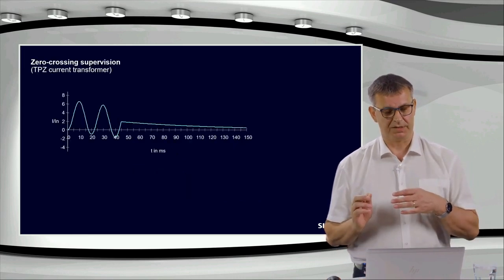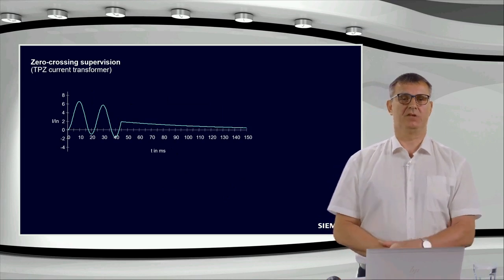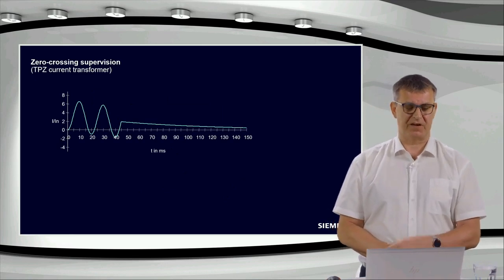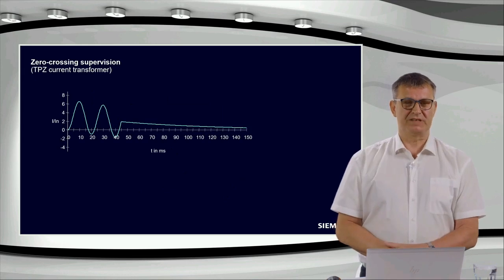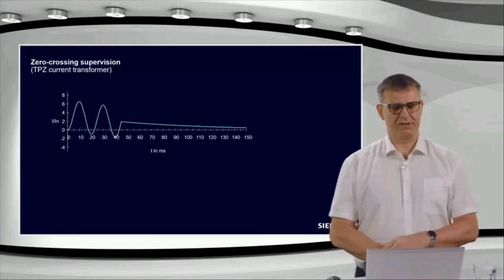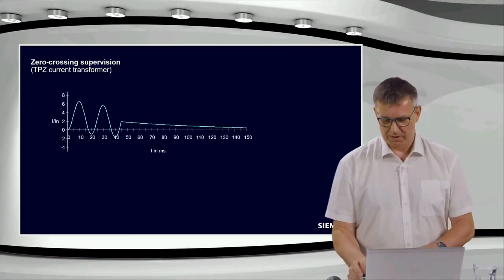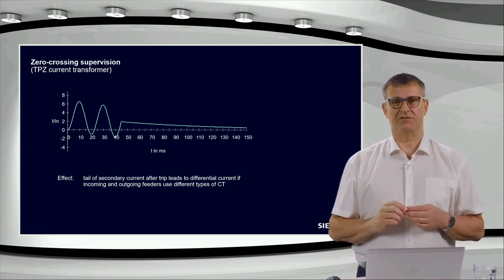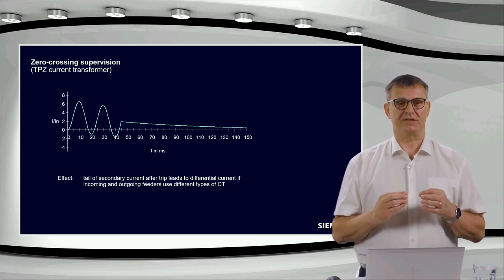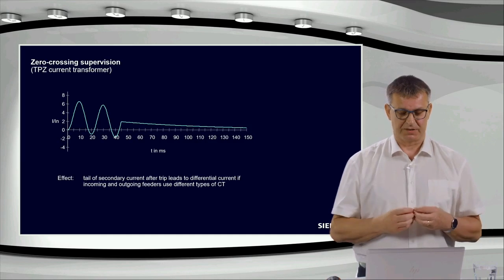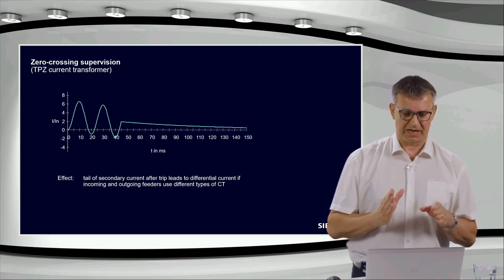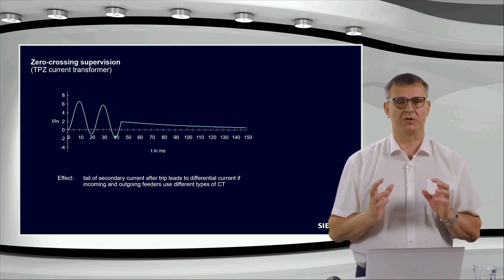We have a zero crossing supervision. That is once again a supervision which can be switched off in the 7SS85. This supervision is especially necessary if one primary CT is a TPZ current transformer. With a TPZ current transformer, we have a very long tail of a DC offset, which is only in the secondary current. This problem is also very high if we have different types with incoming and outgoing feeders.